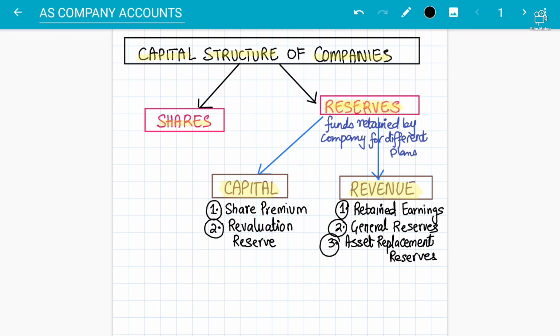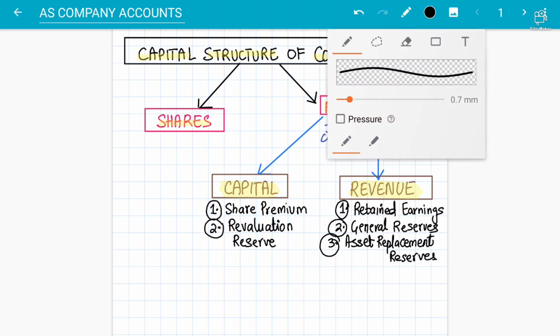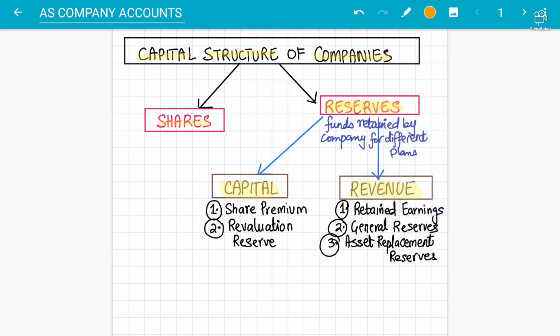If we talk about the general reserves, we need to understand that the general reserve is basically for bad days of the company, which you keep for expansion purposes. If something bad happens, you keep those general reserves safe so that they can be used for expansion purposes, or if an unexpected expenditure comes up, you can use the general reserves there.